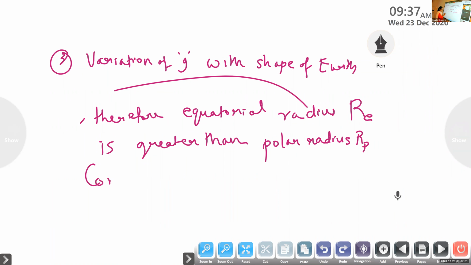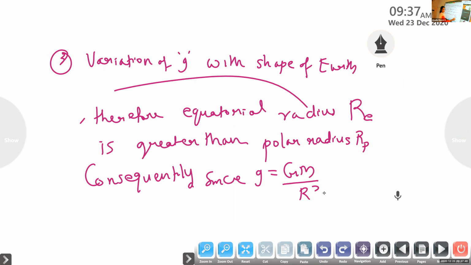Consequently, since g is equal to GM by R square, that's the general equation, then GM by RE square is less than GM by RP square.